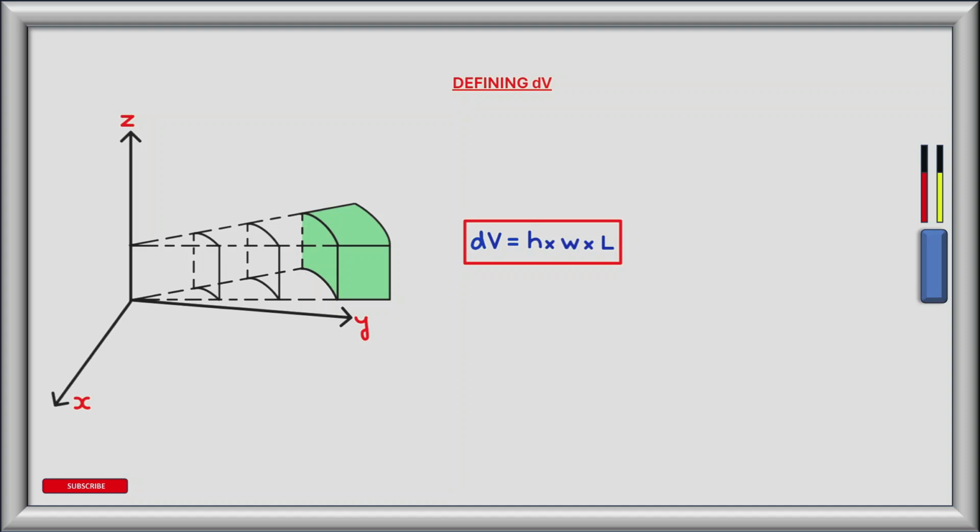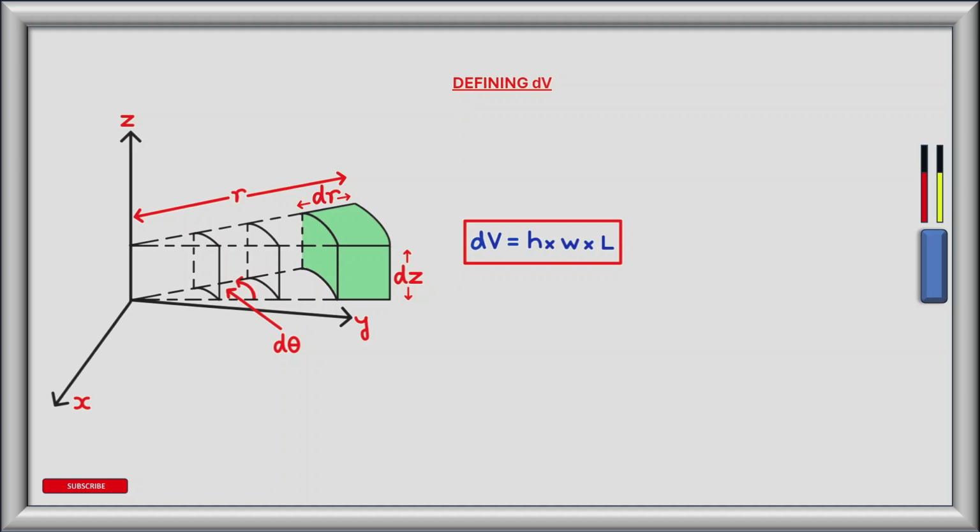So let's apply this to the green shaded region. We can see that the height is along the z-axis and it's an infinitesimally small piece of z represented by dz. The width of the box lies along the radial distance r and is an infinitesimally small piece of r represented by dr. And the length lies along the arc of the circle and is infinitesimally small.